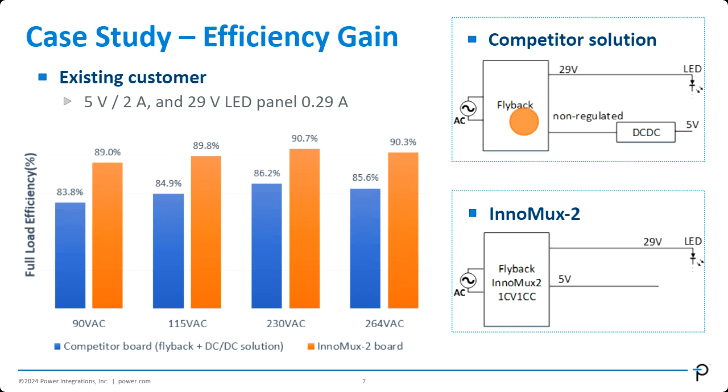But with InnoMux-2, as you can see, we only have a single stage of flyback and two very accurately regulated outputs. And from the efficiency data over here, you can see that InnoMux-2's efficiency is just better than the traditional way across the board. For example, at 230 VAC, the efficiency gain is almost as big as 5%.